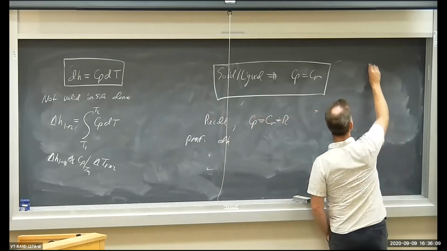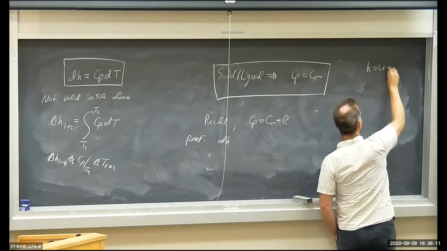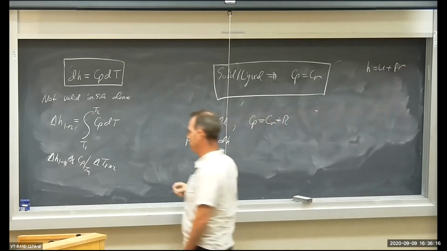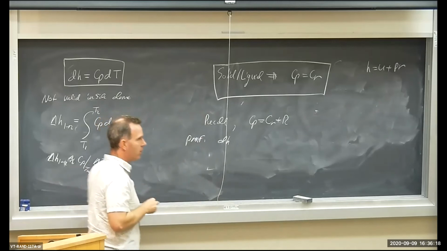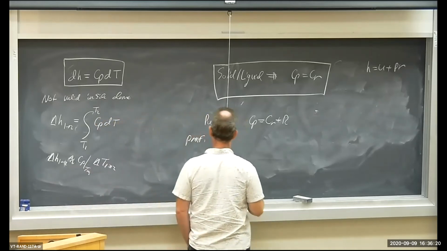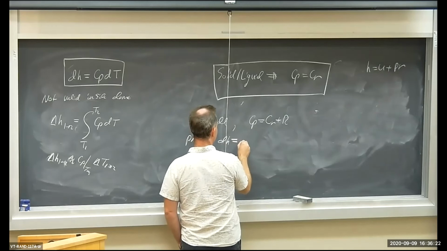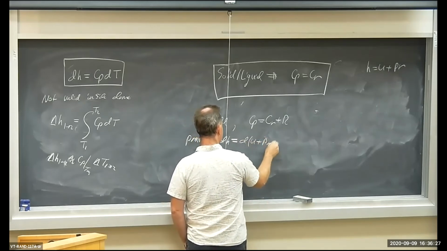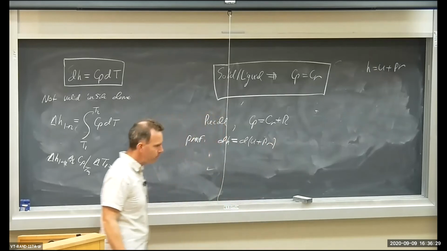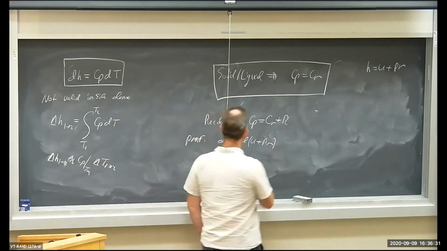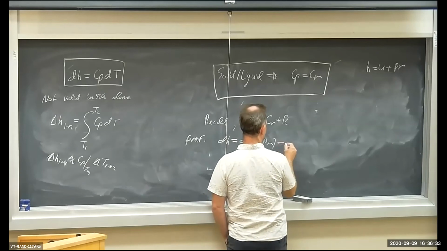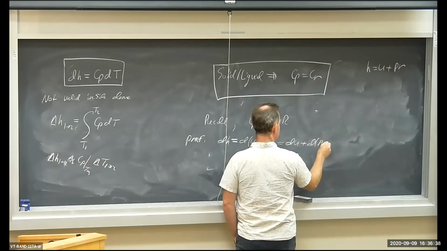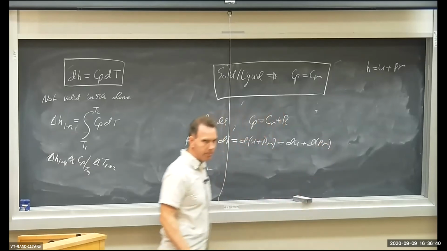Remember enthalpy: H is equal to U plus pressure times specific volume. Specific enthalpy is specific internal energy plus pressure times specific volume. So dH is equal to dU plus d(Pv). Now, let me apply the differential, and I get dU plus d of pressure times specific volume.